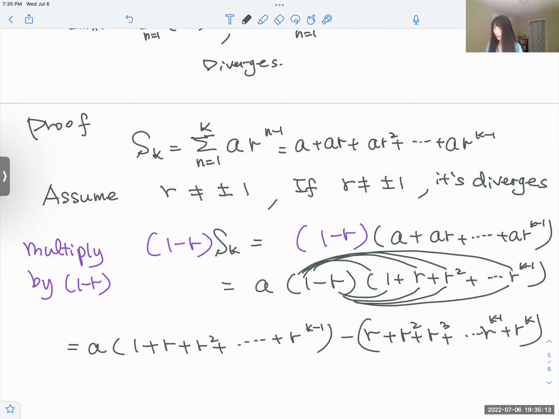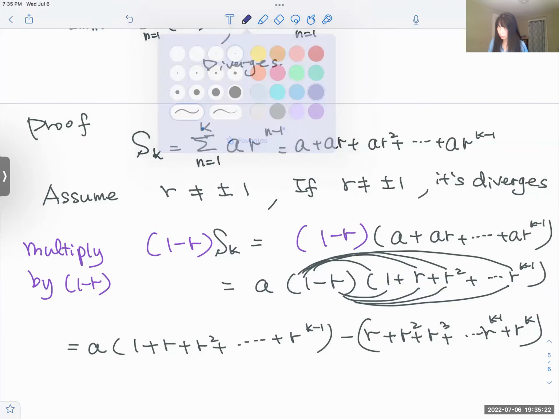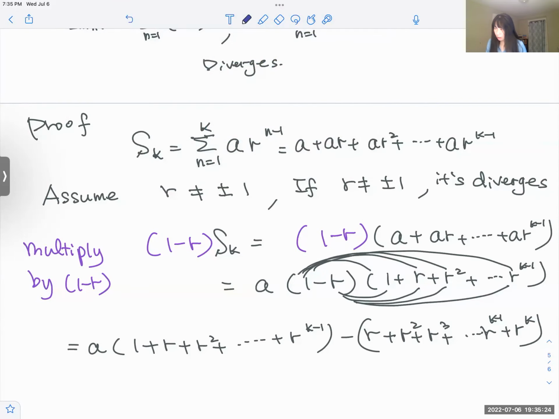Now I wanted to show the r to the k minus 1 because we want to subtract, right? So look, we subtract everything: r minus r, r squared with the r squared, 3 with the 3, 4 with the 4, and k minus 1 with k minus 1. Can you see that? So we have only 1 minus r to the k left.